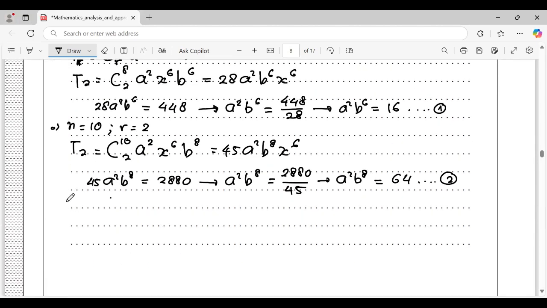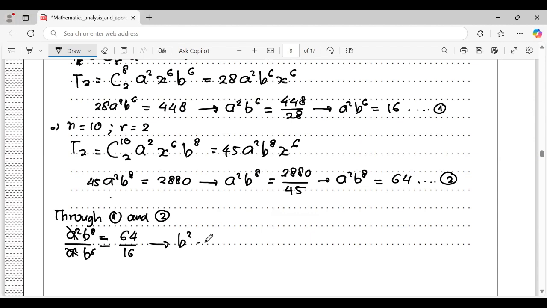Through the first equation, and the second equation, a squared b power 8 divided by a squared b power 6 equals 64 over 16, which equals 4.